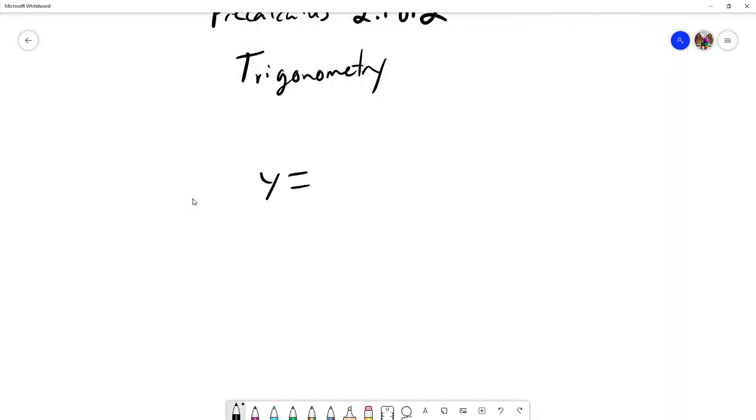Let's say y equals negative 2 cosine of... what do we want to do? I guess we can be weird about this. Pi of x minus 2 pi. Alright.